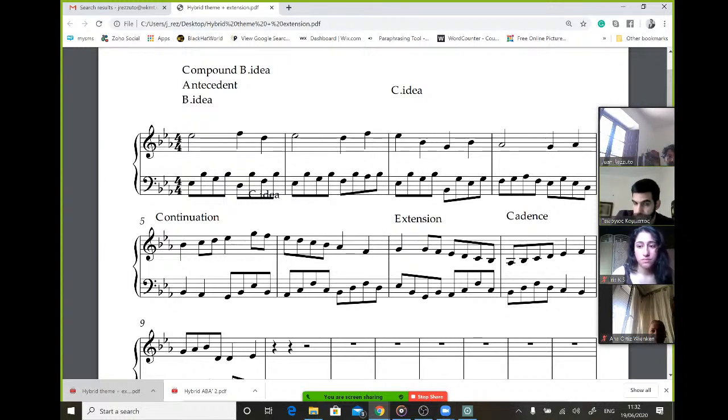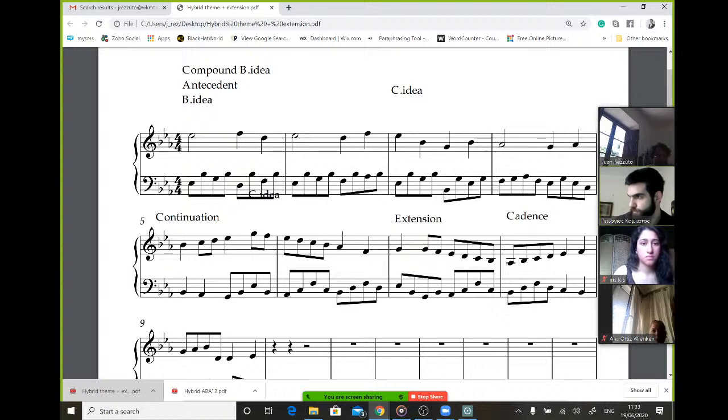Something like that. In general, when you write a compound basic idea, that's the topic I would like to touch in this lesson. Harmonically, it needs to be quite flat, and the contrasting idea will excel on acceleration of surface rhythm, for example, and will be very contrasting because of you changing the register, or changing a lot the rhythm.